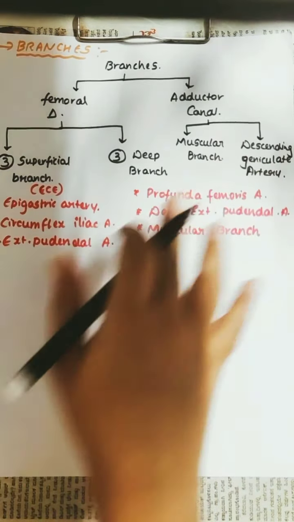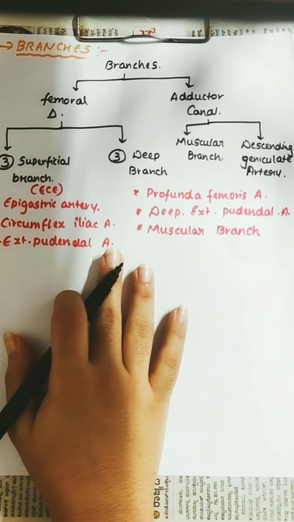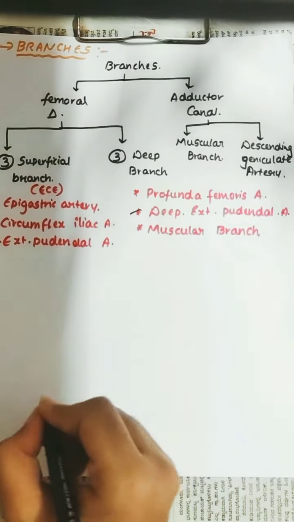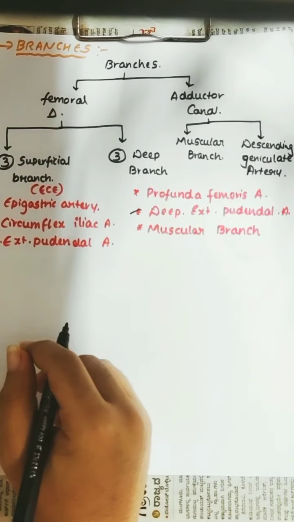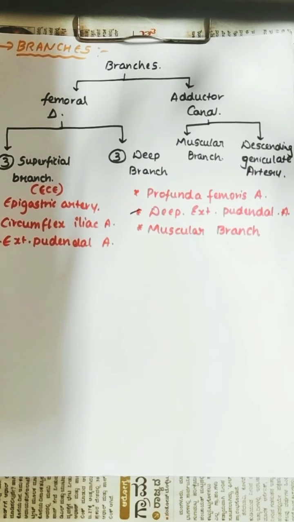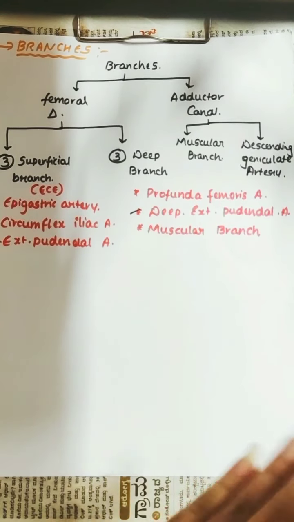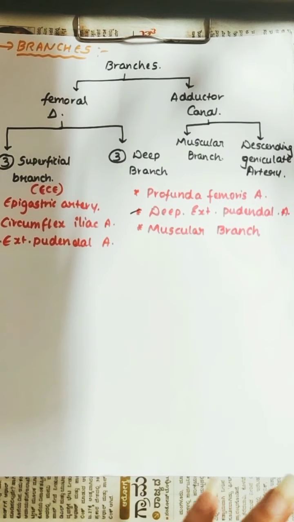So the deep external pudendal artery, you can see here, is found below the superficial external pudendal artery and passes deep to the spermatic cord in the male, and in female it passes medially over the round ligament of uterus, for supplying the scrotum and labia majora.